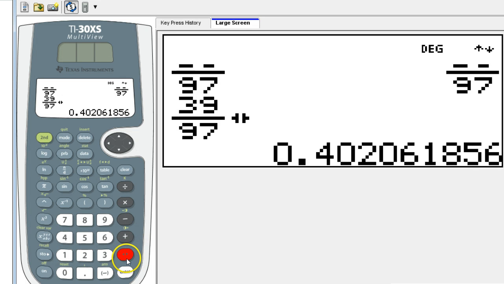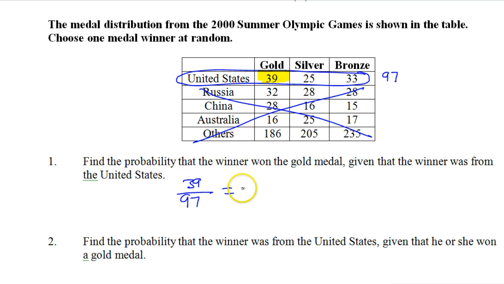If you use a decimal by toggling it, you need to write 4 decimal places. 0.4021. Got to round up. And of course, we could then write that as a percent very easily. 40.21% probability.